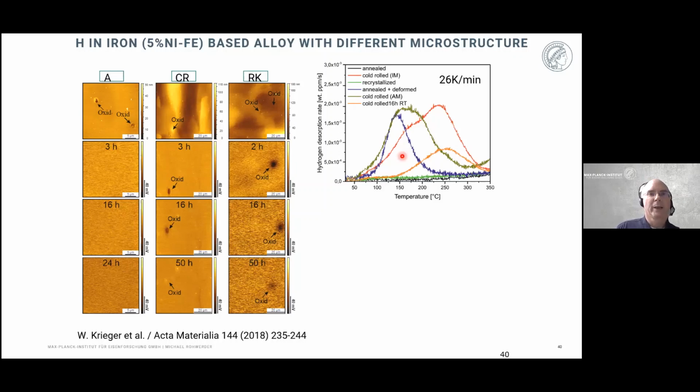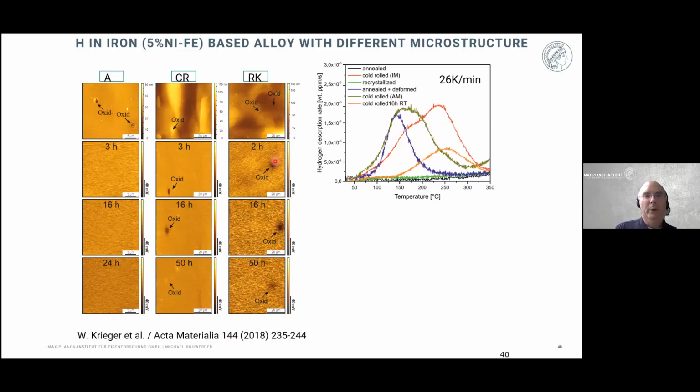So what we did is we did SKPFM measurements on different materials. They have different stages: annealed, cold rolled, and recrystallized, where we also got different TDA measurements. And we found that for the cold rolled and the recrystallized, we can see this is topography here, and this is here potential maps.